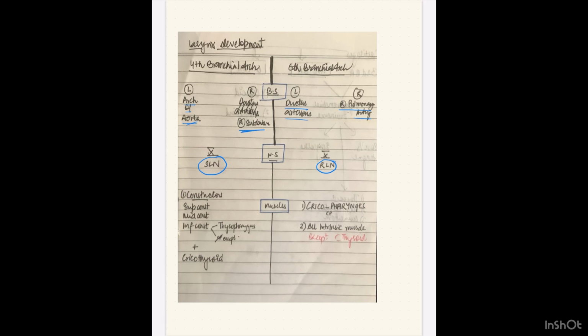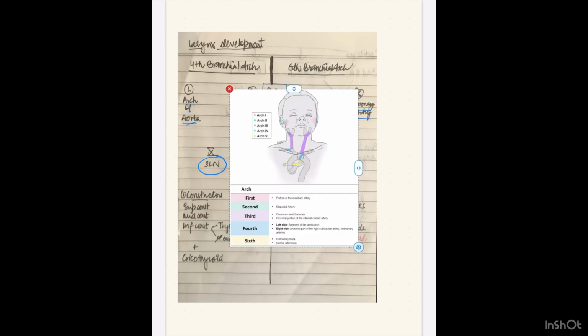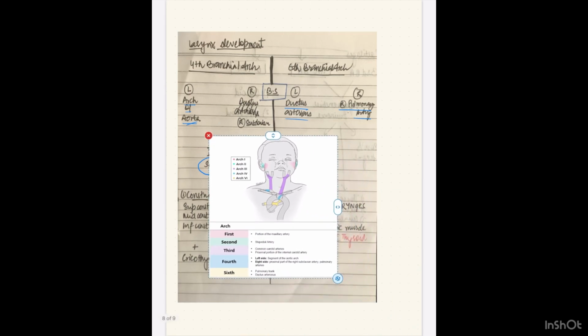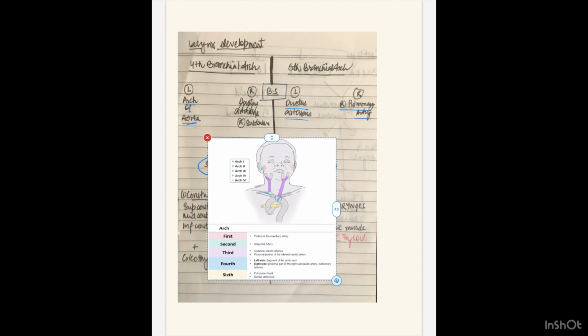Look at this. So fourth branchial arch, right side is right subclavian, and let me add a figure here to make it easier. It will be easier for you to learn. Now look at this. We have first arch we all talked about. Now we are talking about the fourth arch. So fourth arch comes in, this is the fourth arch here and here, okay, in the blue.